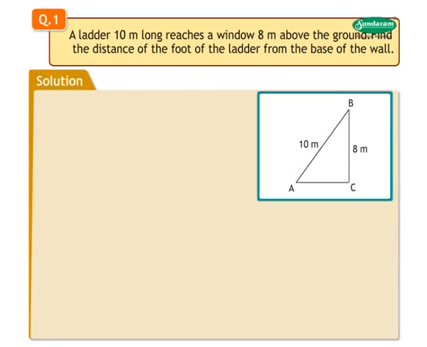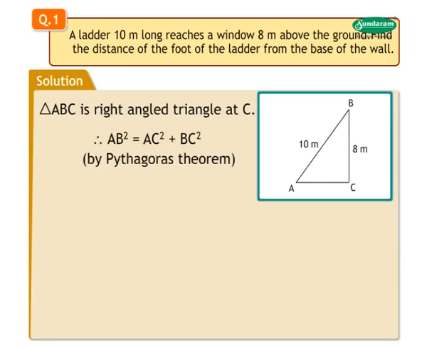Solution. Let us assume that AB is ladder and B is the window at 8 meters from ground. Triangle ABC is right angled at C. Therefore, by Pythagoras theorem, AB square is equal to AC square plus BC square.